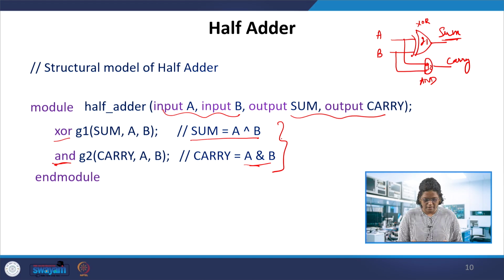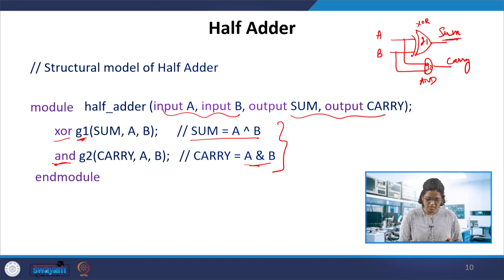One more thing here: in the structural modeling we have the XOR gate as well as the AND gate. First we wrote the XOR gate and then the AND gate. The order doesn't matter here; you can first call the AND gate and then the XOR gate as well. This is also a way of instantiating the gates. The built-in modules for XOR and AND are instantiated here. We give the module name, G1, which is optional, then the output, comma, two inputs.